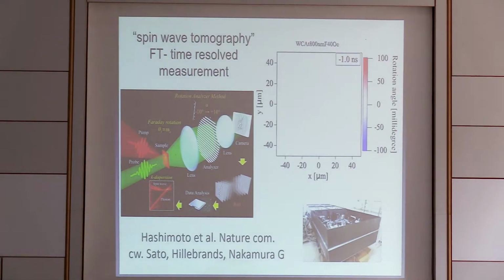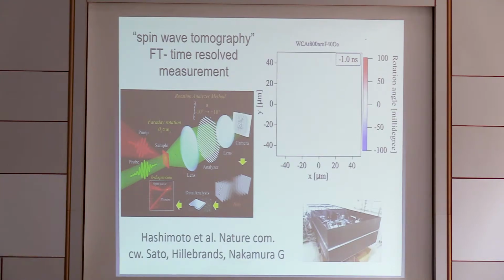So the measurement is very, very simple. We use two light pulses. The first pump pulse is used to create spin waves. The pump pulse is injected at the center of the sample, and from this spot, a bunch of spin waves is created.